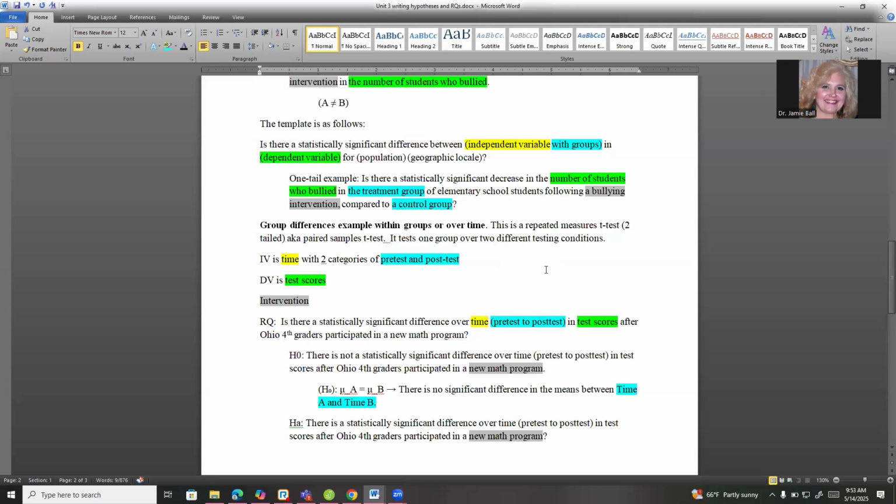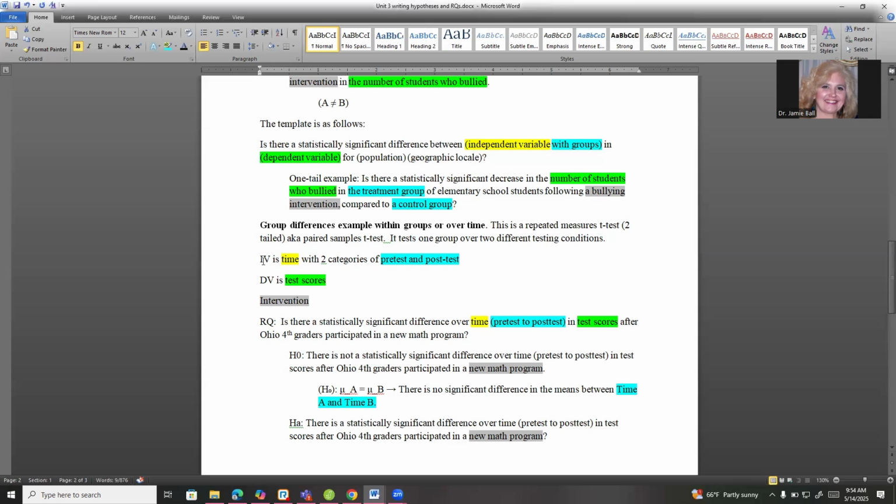So the testing conditions changed for some reason. It could be just due to age, like a longitudinal study. Year after year, I follow a child as they go through school. The testing conditions are aging and growing. My example is just going to be pre-test to post-test. That's the easiest one to understand.